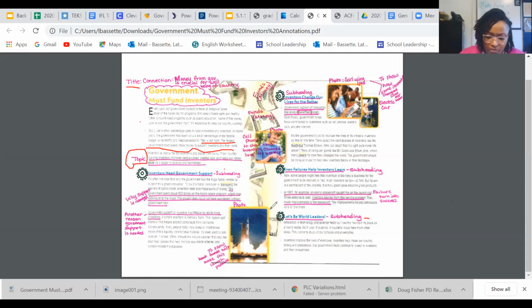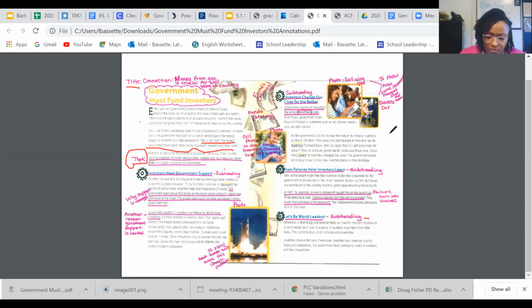I also like how we have the images and the photos identified, but not just the photo itself. It tells us something about it, because if you notice in these particular images, there's no caption. So it's important that the students understand why these photos have been added to the text. And what would that fall under as far as instruction or standards?